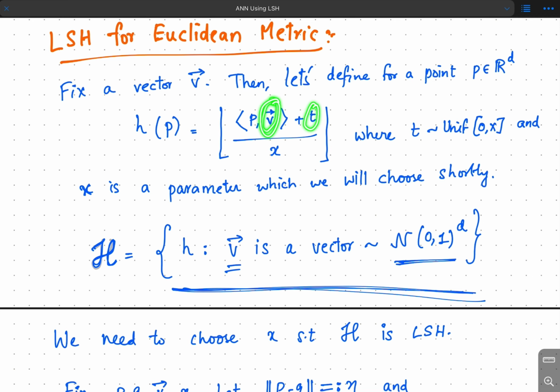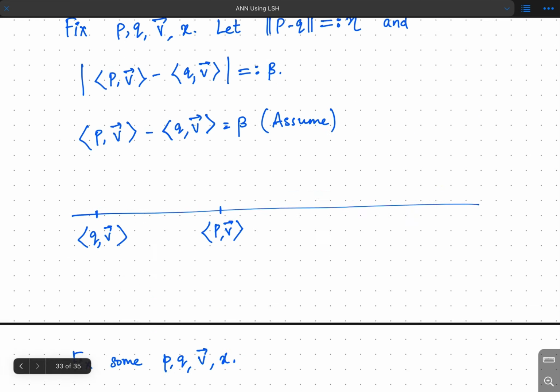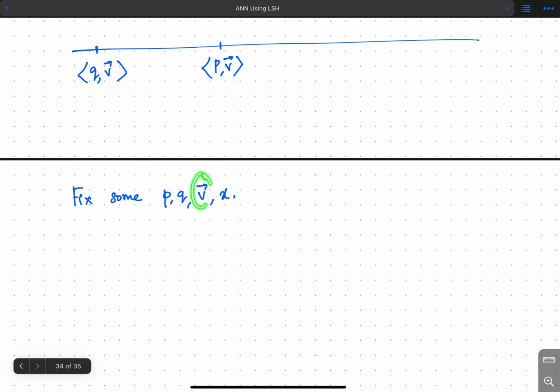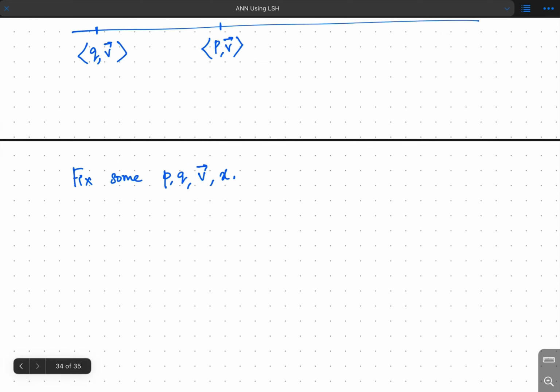V bar is a random vector of normal random variables, and t is a uniformly randomly chosen value from 0 to x, and x is not random. X is a parameter that we'll fix shortly. Here we are fixing v bar as well, so only t is random. Then let's see what the probability is that these hash values collide.